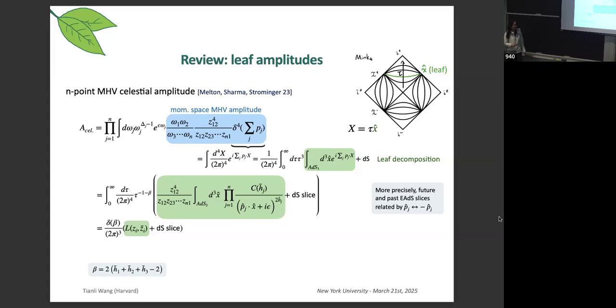So this a priori is not unique, but for MHV amplitudes, this turns out to be the nicest thing we can write down, though you can definitely make other choices. And for more complicated non-MHV amplitudes, you almost certainly have to play around with other choices. Okay, any other questions?